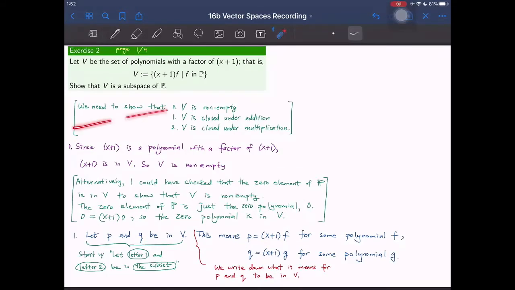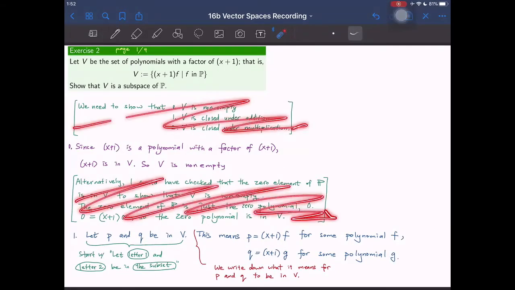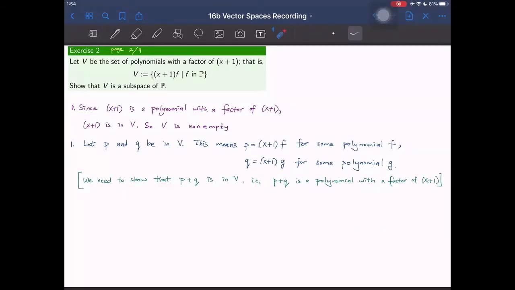Let me now erase these comments to make room for me to finish showing property 1 and property 2. After writing down what it means for P and Q to be in V, I need to do some computation to show that P plus Q is also in V. So I need to show that P plus Q is also a polynomial with a factor of x plus 1.